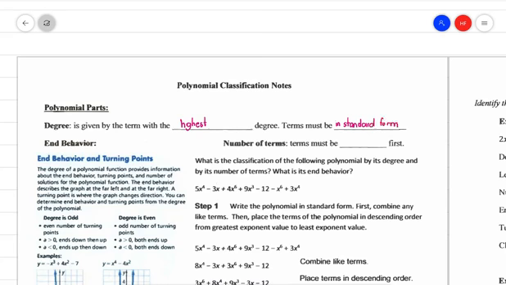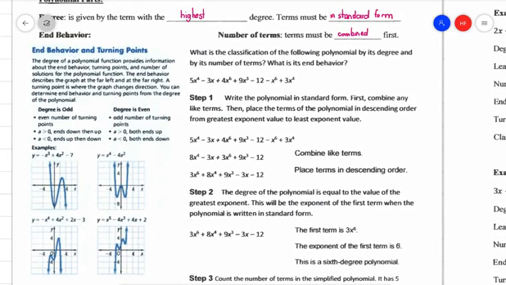So what is the classification of the following polynomial by its degree and number of terms? So we see that we have some terms that would need to combine. My highest degree is a 6, and so 4x to the 6 minus x to the 6 is 3x to the 6. And we're looking for a fifth power. I don't see one. Then a fourth power.